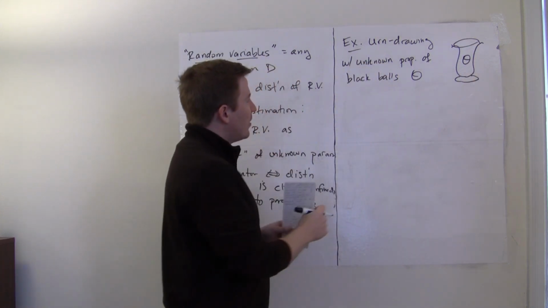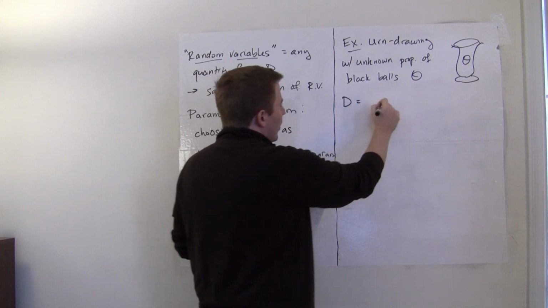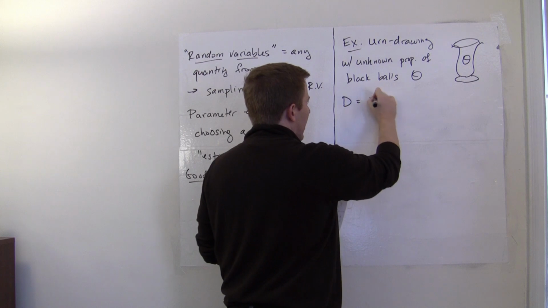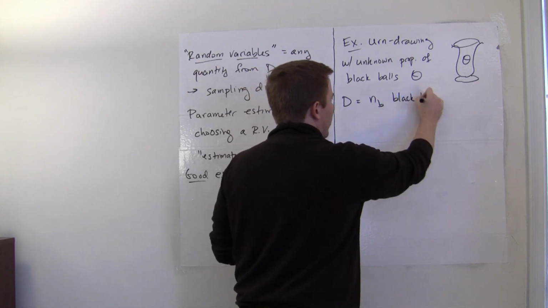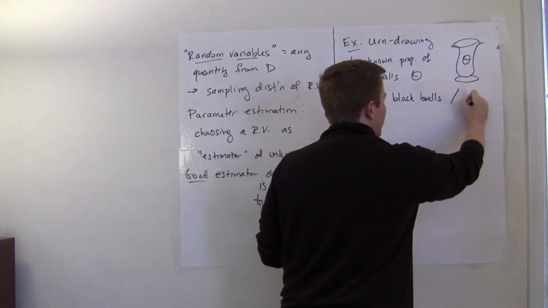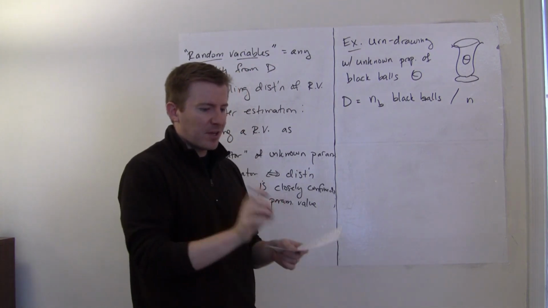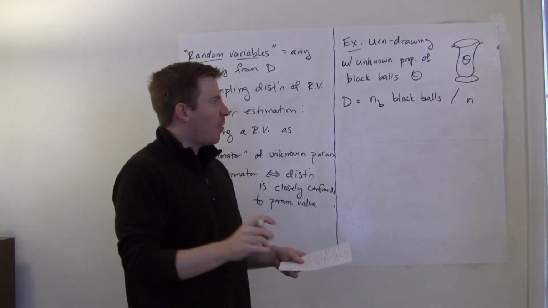Our data in the experiment, as we had it before, is going to be some number, let's say little b, black balls in a sample of little n. So we imagine there's a very large number of balls in the urn, and we pull out some small sample relative to the total.